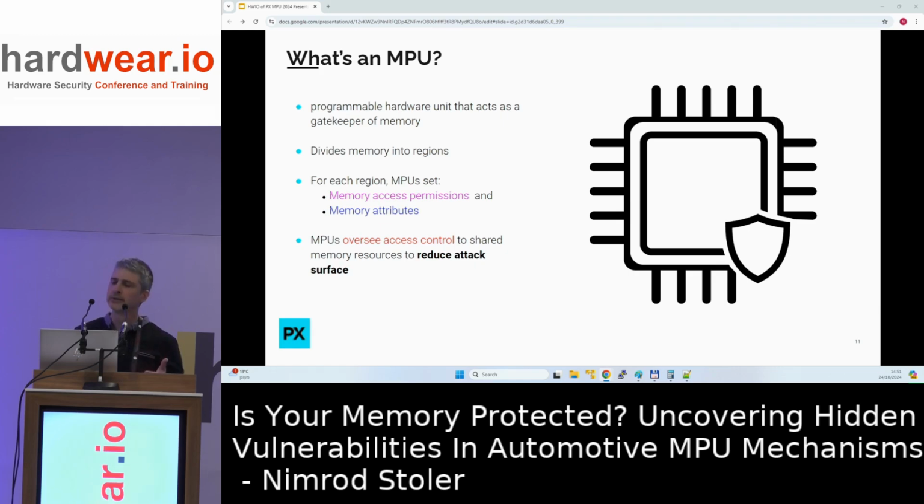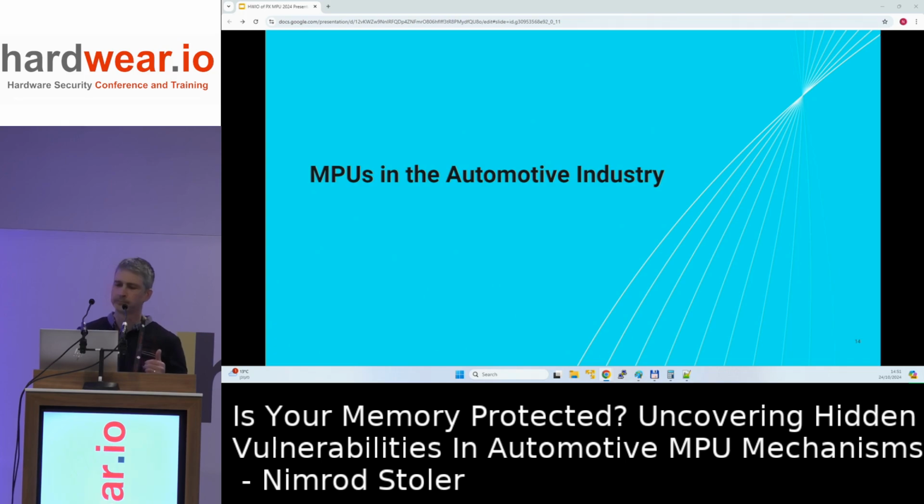Here we may see read access, write access, and code execution access. So in very basic terms, MPUs oversee access control to shared memory resources with a stated goal of considerably reducing the attack surface of the embedded system.